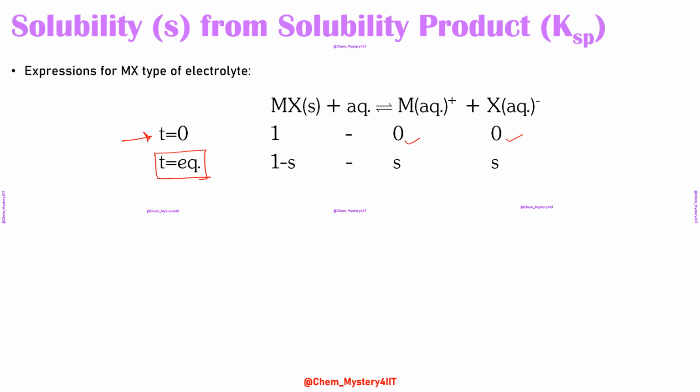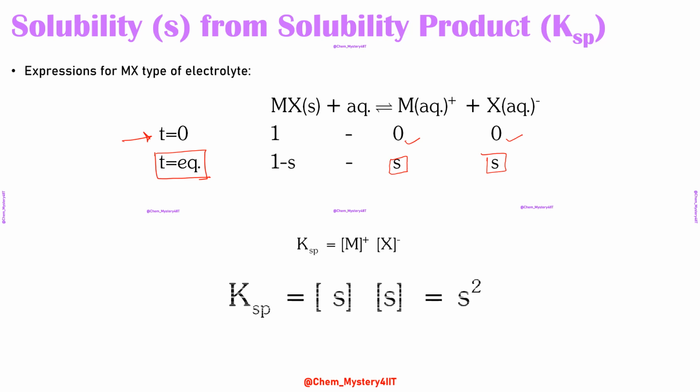Basically, that's not the concentration. That is some amount of MX is being dissociated. So its concentration is still supposed to be remaining as unity. Now, this is the concentration of M plus ions, and this is the concentration of X minus ions. And as we understand its KSP, we can write the value as S square, S being the solubility.